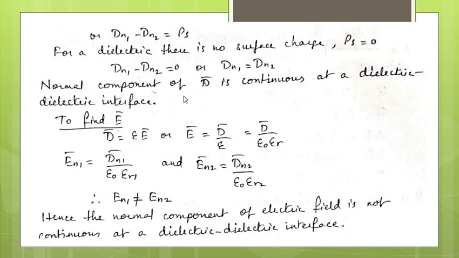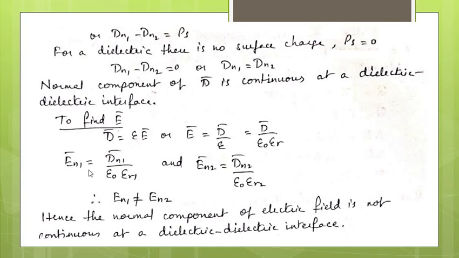So from this we can write this in statement form as the normal component of D is continuous at a dielectric interface. Next we need to compute the normal electric component. So again use the same formula, D is equal to epsilon into E. So from this we get E is equal to D by epsilon. Here also in place of epsilon we need to write epsilon naught into epsilon R. Epsilon naught is the absolute permittivity and epsilon R is the relative permittivity.